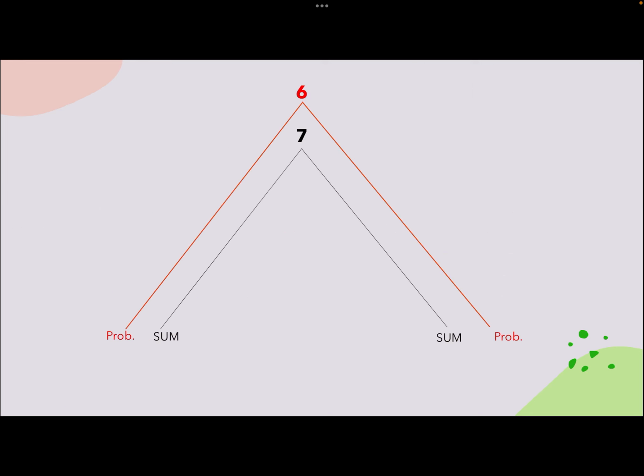I have a shortcut which gives the sums of dice thrown 2 times. The black will show the sum, the red will show the probability.